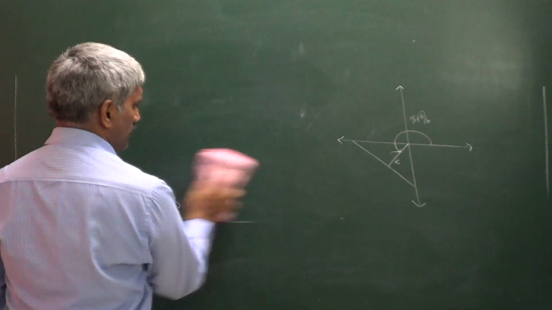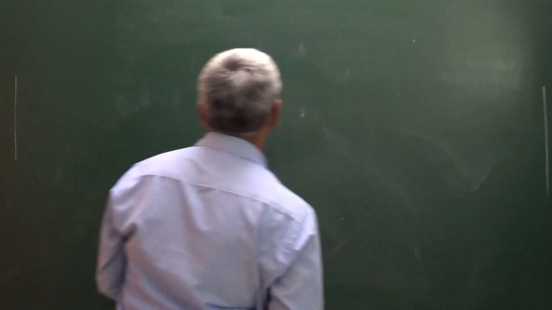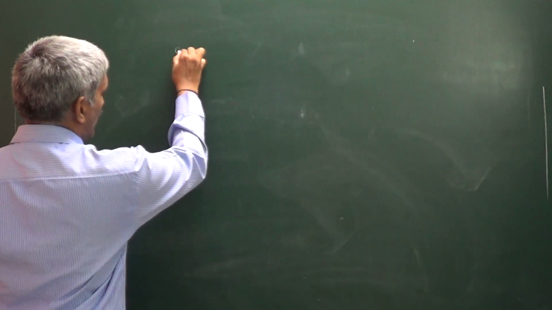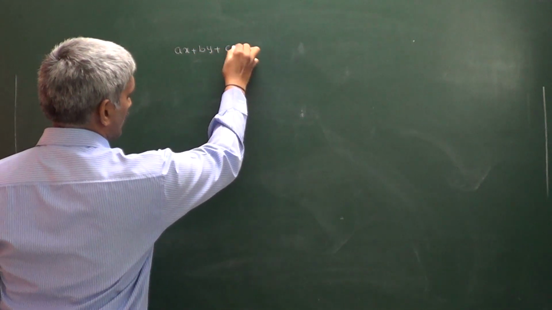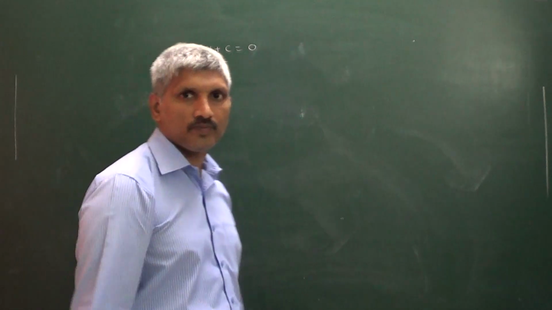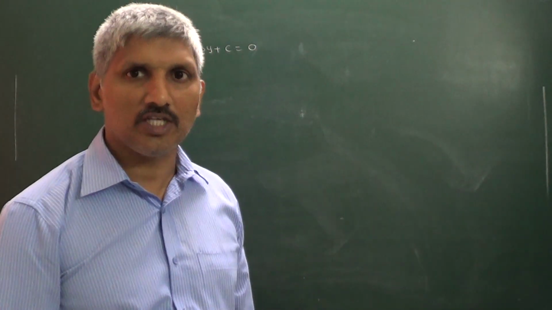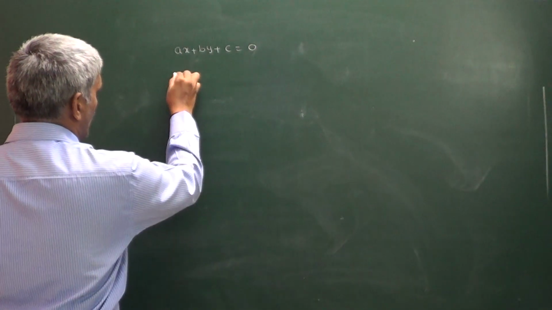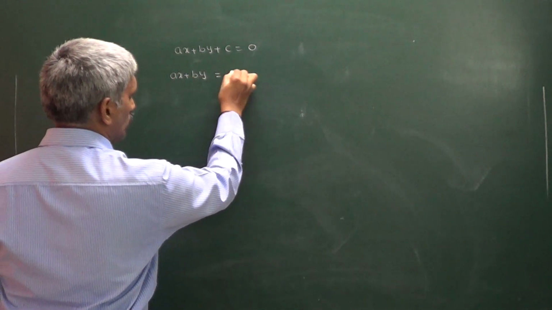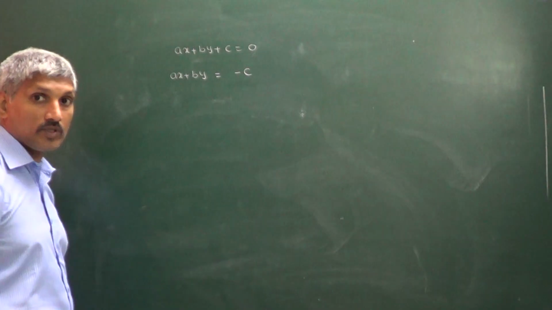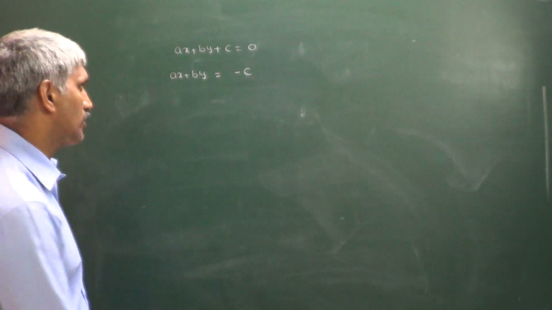Suppose you see x cos alpha plus y sin alpha is equal to p is the normal form. Now the line equation is given as ax plus by plus c is equal to 0. What we can write this one as ax plus by is equal to minus c. Now divide with root of a square plus b square.